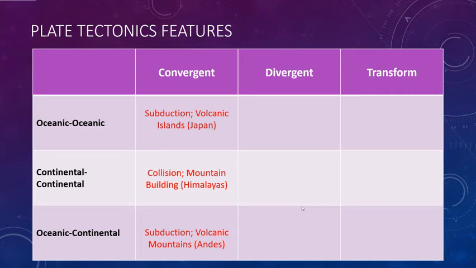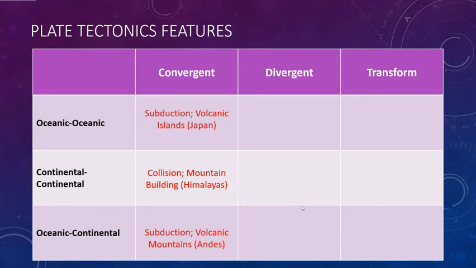But the difference here is that there are mountains created, but they happen to be volcanic mountains. And so you get a feature like the Andes Mountains, where they're continental mountains, but they have volcanoes. We also see this in the Pacific Northwest with the Cascade Mountain Range.